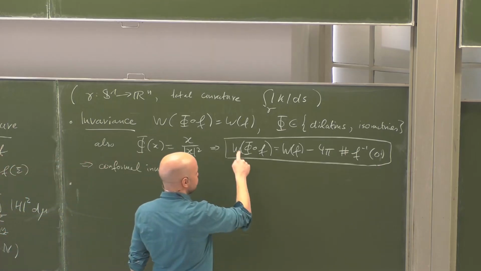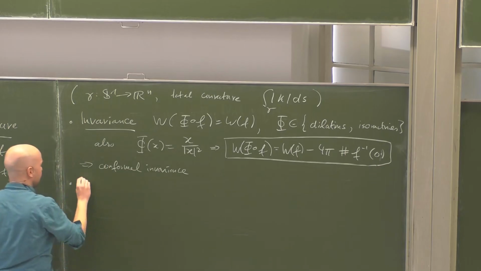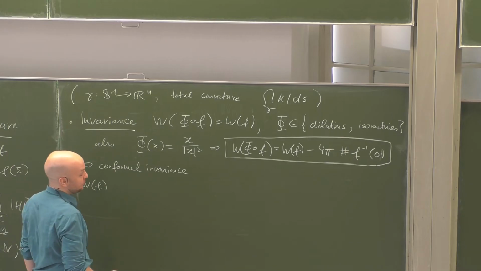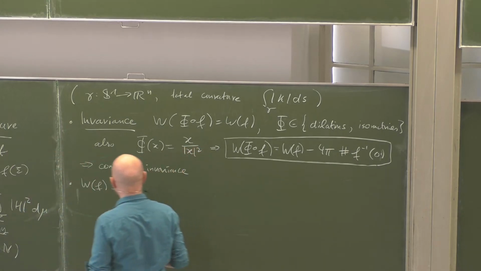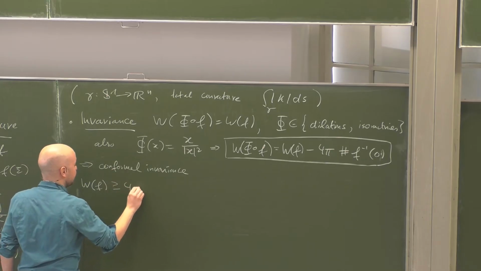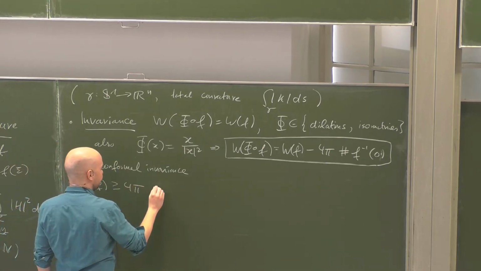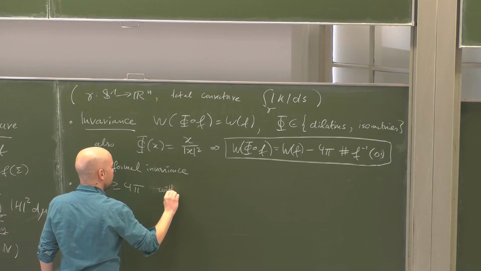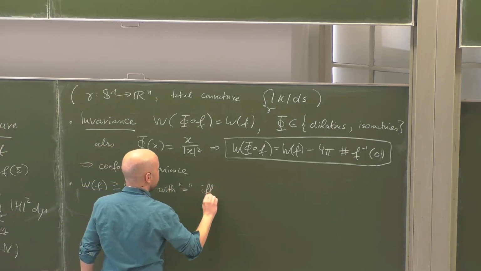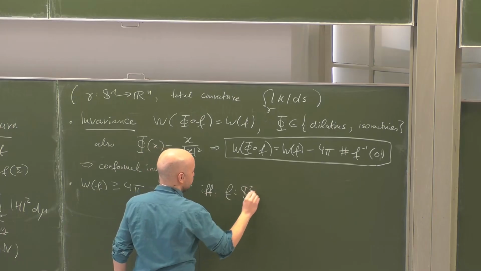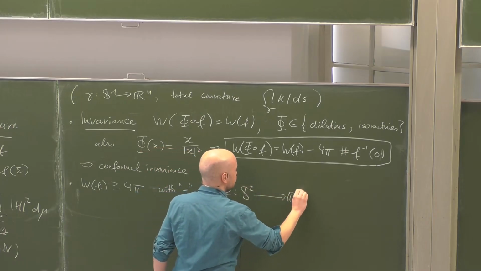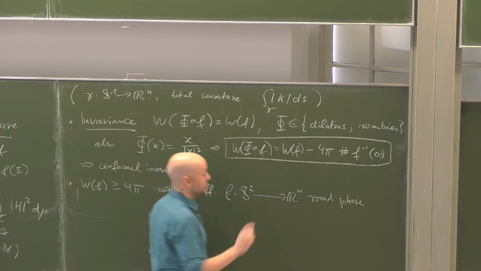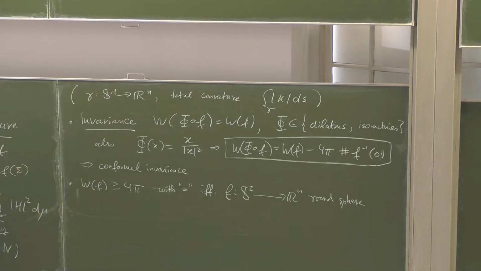The first one is if we just estimate this to be non-negative, we translate the surface such that it includes 0, and we easily get that Willmore energy is bigger than 4 pi, and one can in fact show that one has equality if and only if f is defined on the topological sphere and parameterizes the nicest way possible the round sphere. So round spheres are the absolute minimizers of the functional.